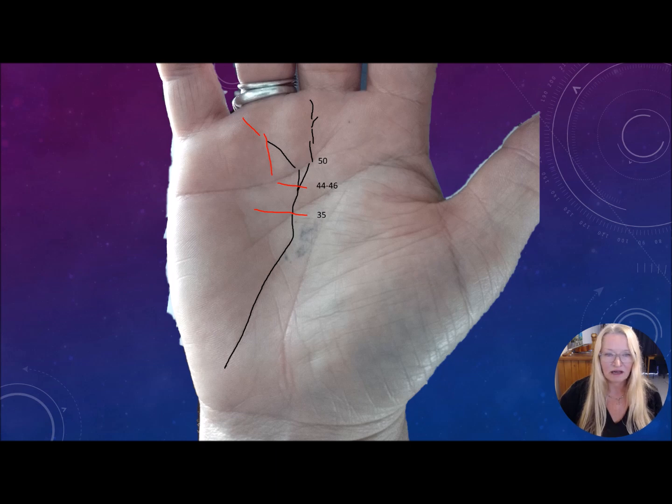Here is the fate line that I've drawn over so that we can see it clearly, because the photo wasn't all that clear. So fate line is also called a career line or Saturn line or luck line.